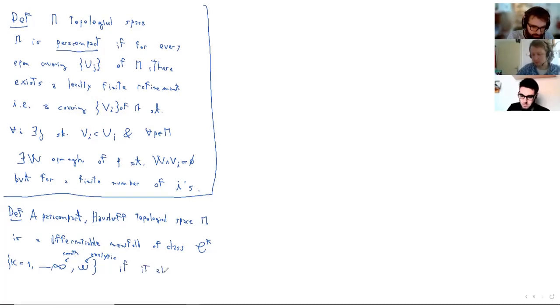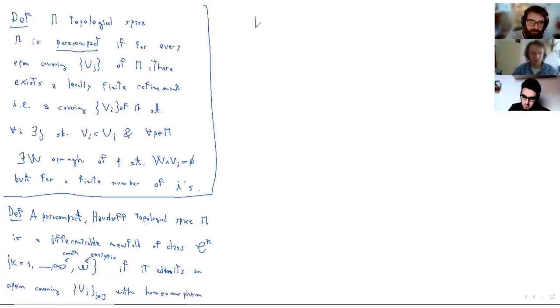If it admits an open covering U_j, with j in some set of indices, with homeomorphisms phi_j from U_j to its image, and this image is contained in some R^n, and these are open sets for all j.